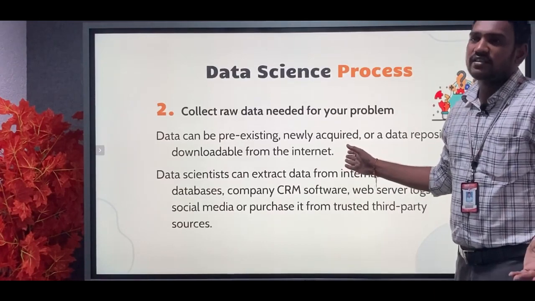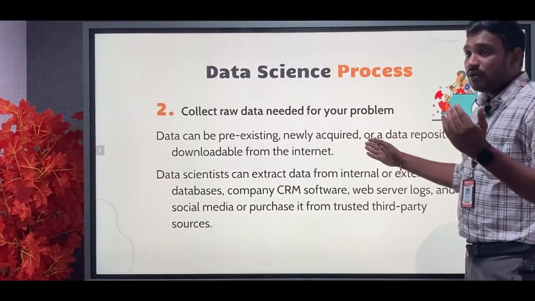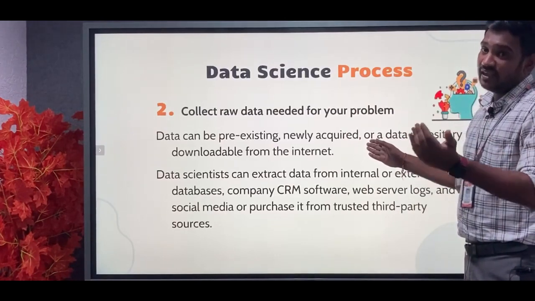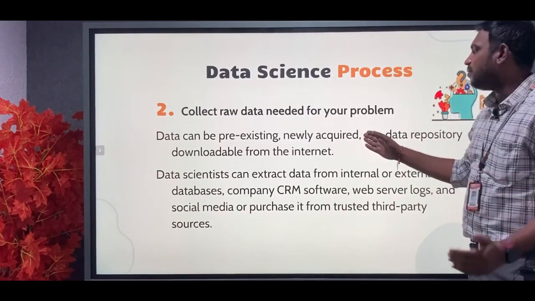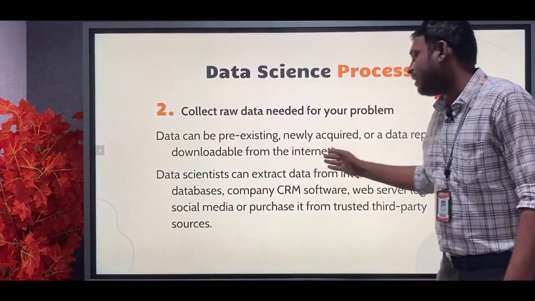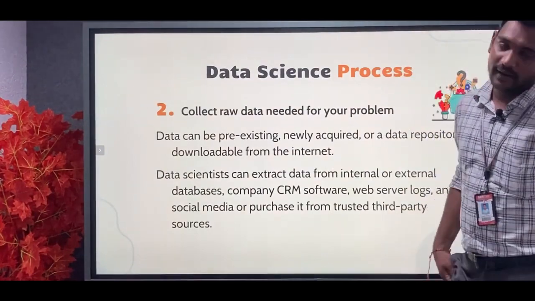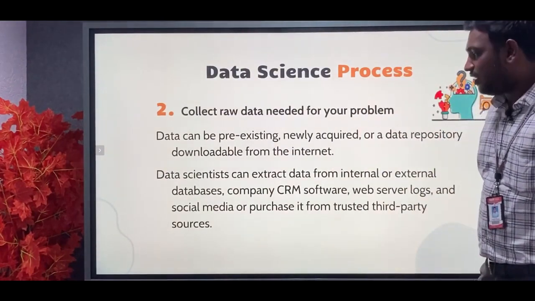So if you want some new data, you can get it from the customer, because you have to implement data science algorithms on the data. So you must get the data before implementing. If the data is readily available on the internet, you can download it from the internet.